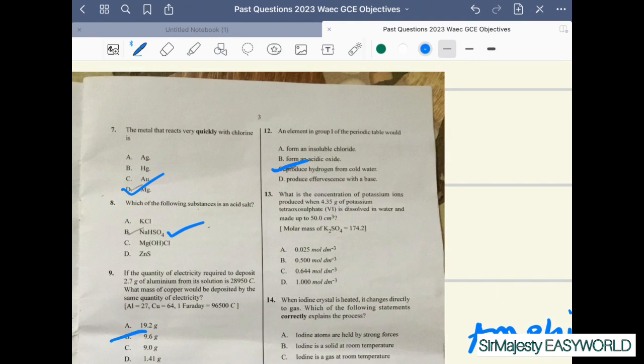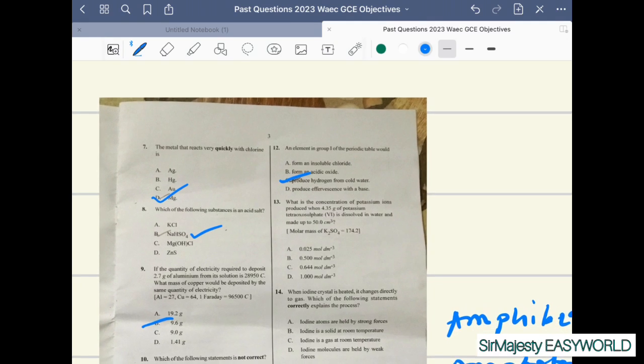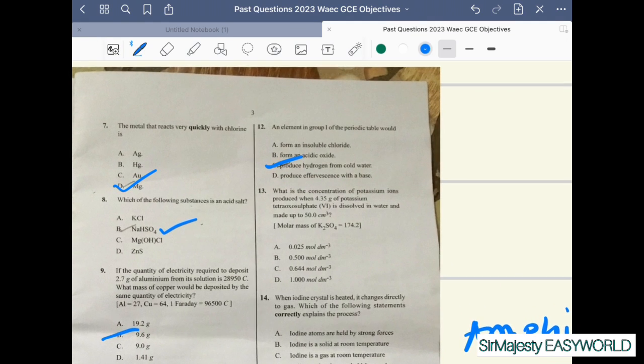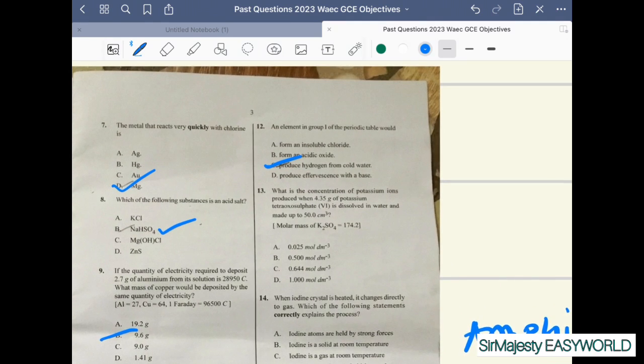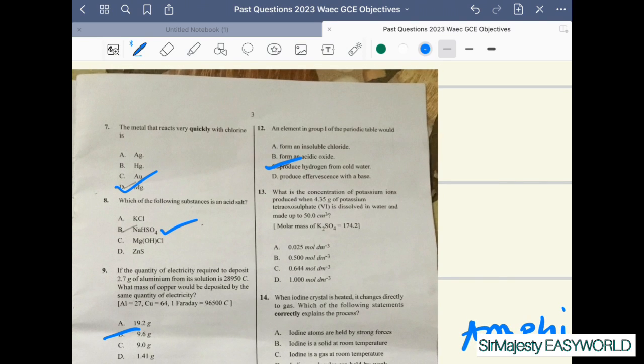Yes, of course. That is the reaction of sodium with water, which is like starting a fire with water. If you react most of the group 1 metals with cold water, they ignite, they catch fire as they release hydrogen gas. It's a dangerous reaction. Don't attempt it. Option D says produce effervescence with a base.